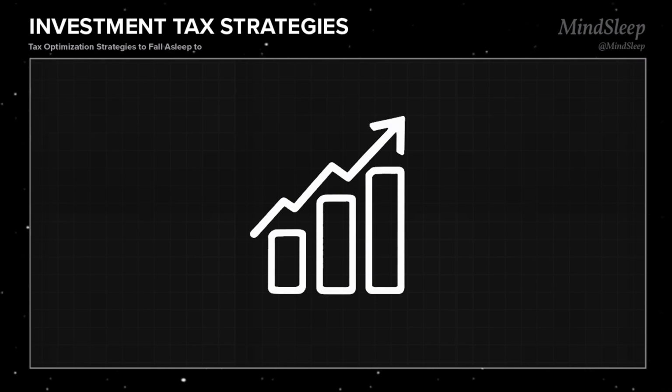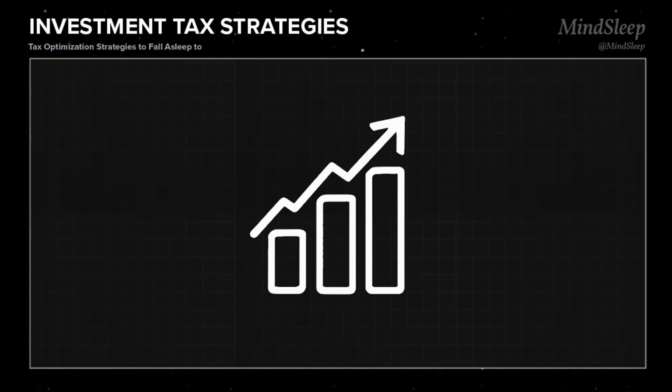As we delve even deeper, we encounter more advanced strategies like tax-efficient withdrawal sequencing in retirement. This involves carefully planning which accounts to draw from and in what order to minimize your overall tax burden throughout retirement. For instance, it might be advantageous to draw from taxable accounts first, allowing tax-advantaged accounts more time to grow tax-free.